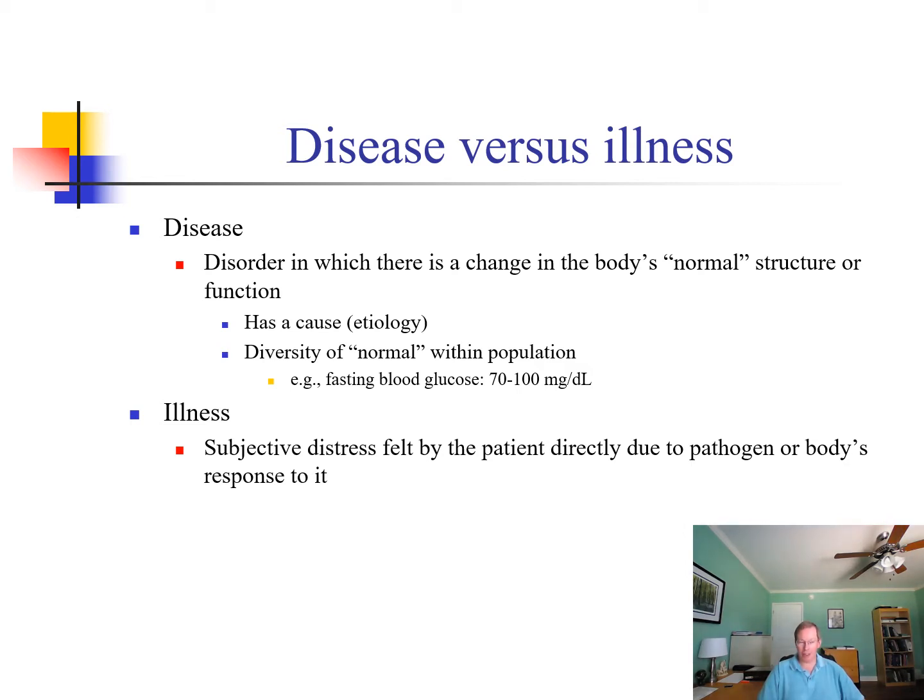Now, an illness is when a person feels distress as a result of that disease. It could be that I feel sick because I have an upper respiratory infection due to some viral pathogen. Or it could be that I feel ill because of my body's attempt to fight off some sort of infection or pathogen.